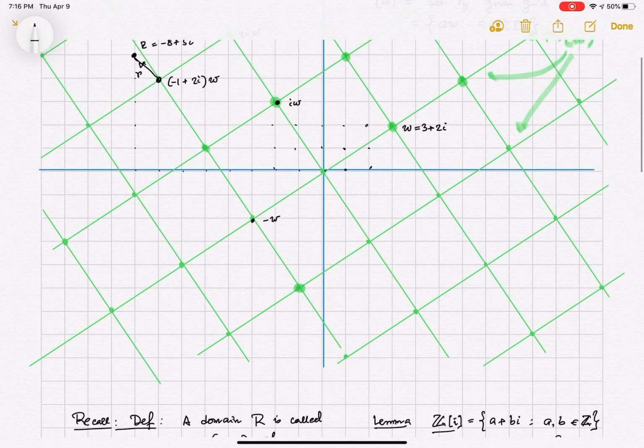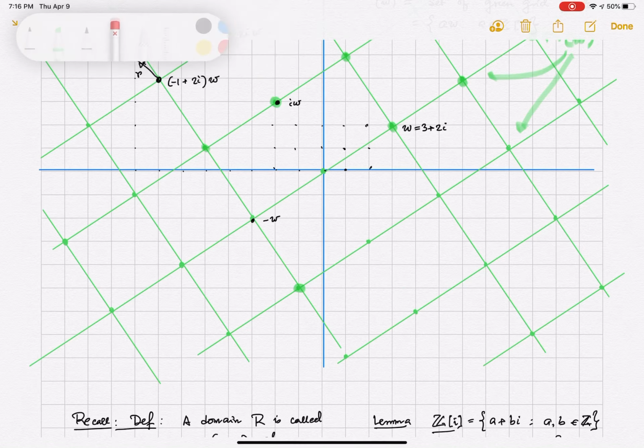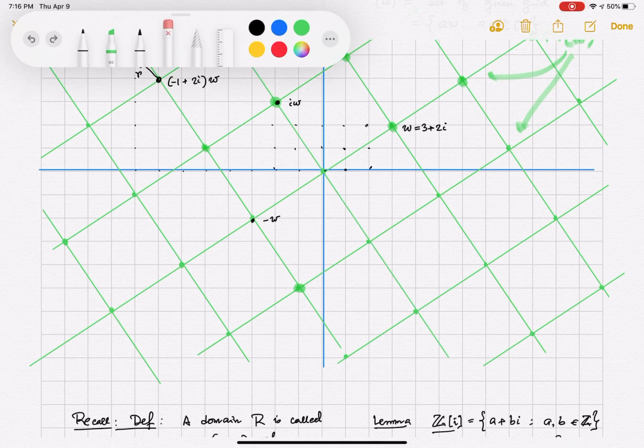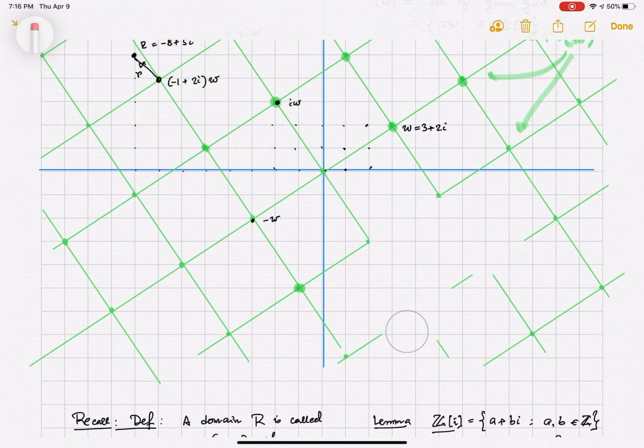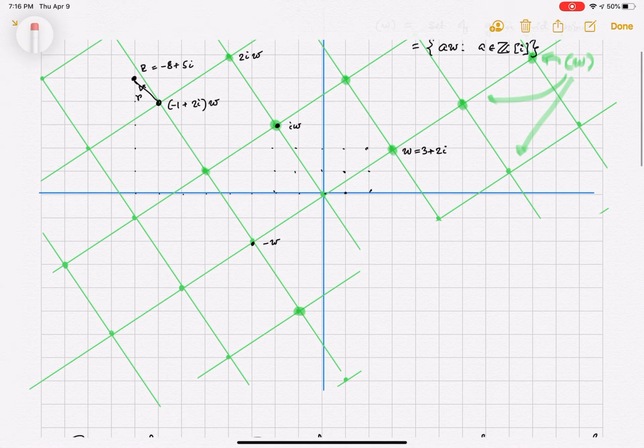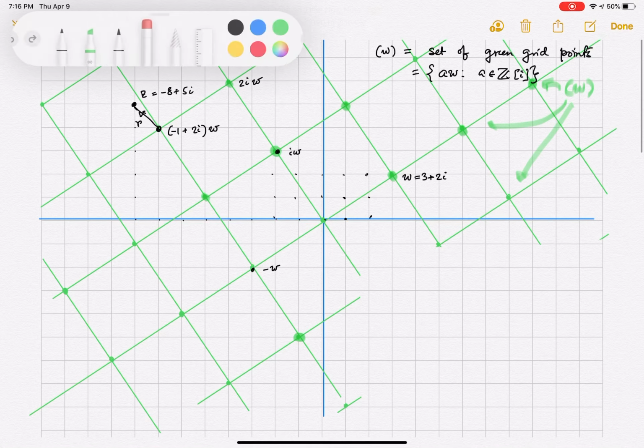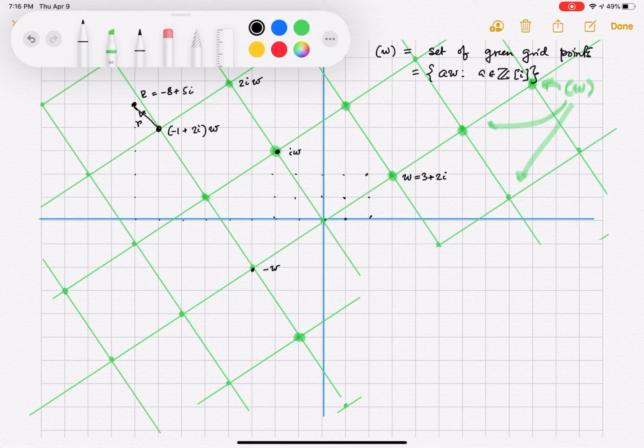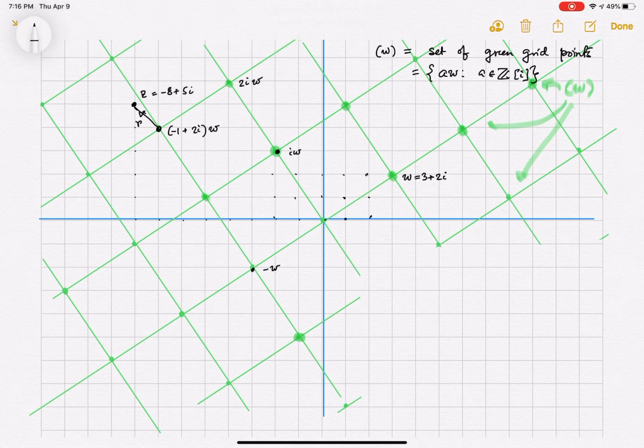And if you want to do that calculation, we make some space here. What you do is you calculate z over w. So that is minus 8 plus 5i divided by 3 plus 2i.